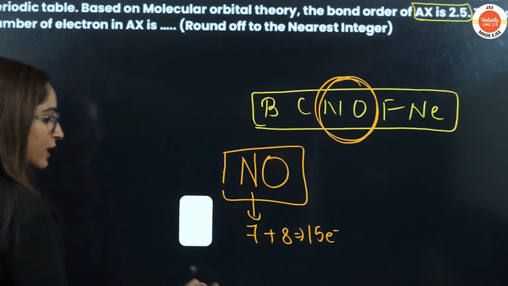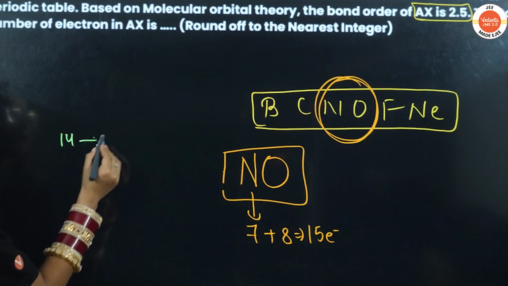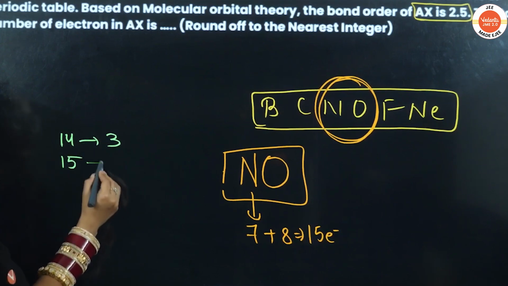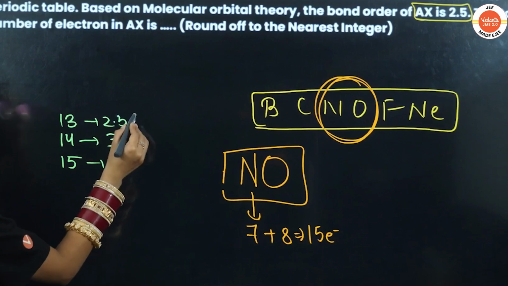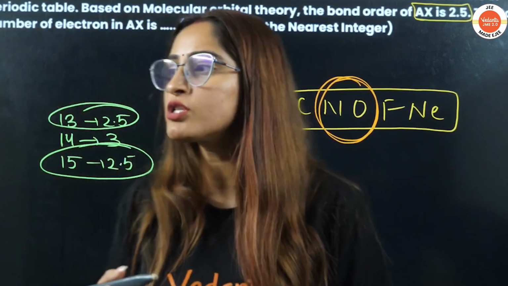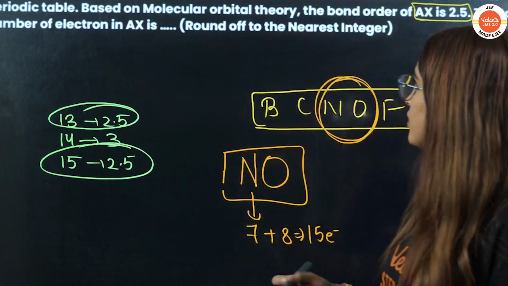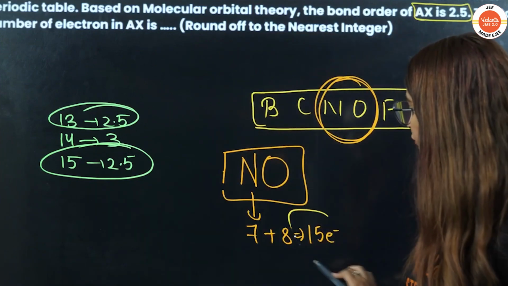If you talk about the trick here for bond order, just solve this directly with the help of the trick. 14 electrons gives bond order 3, 15 gives 2.5, and 13 is also 2.5. So for 2.5, you need to have either 13 electrons or 15 electrons. Now in NO, you have 15 electrons.